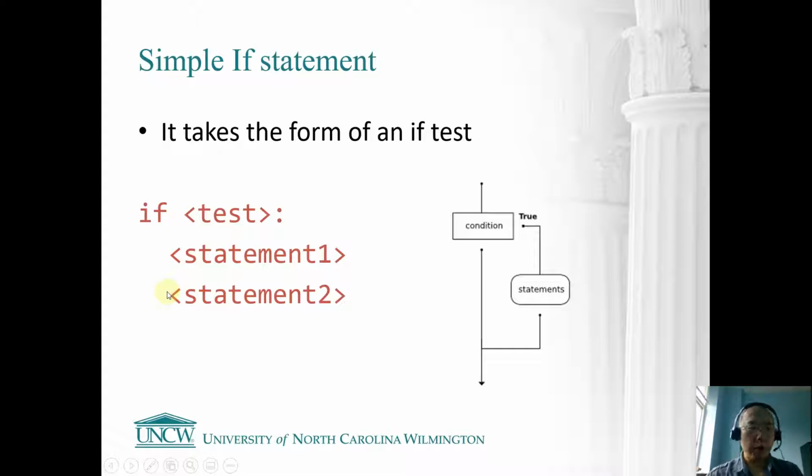How do I know it is a code block? Remember we talked about the colon before, right? The colon tells Python that I'm starting a new code block. That is statement 1, statement 2, or you can have as many statements as you want.